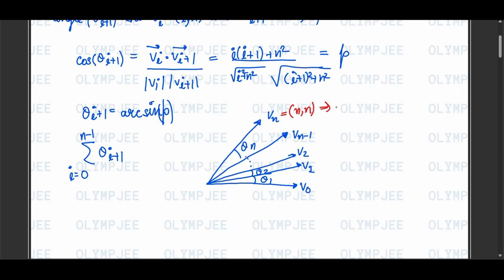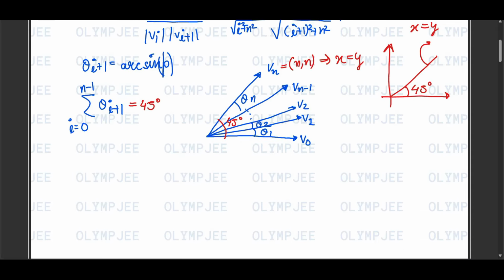So this implies that x is equal to y, and whenever we have x equal to y, the angle is 45 degrees from the x-axis. So this whole angle should be equal to 45 degrees.